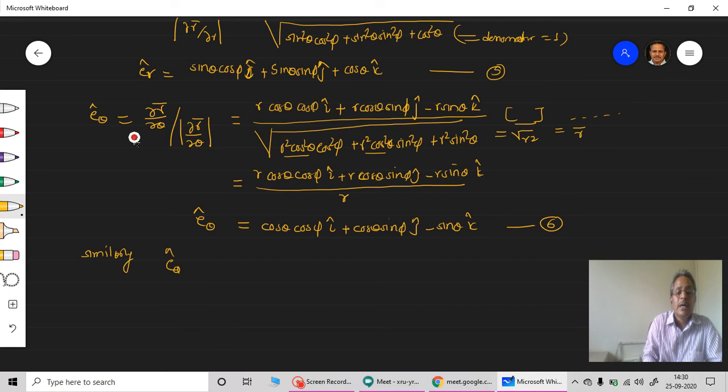Similarly, E phi cap is equal to delta r bar upon delta phi divided by its modulus, delta r bar upon delta phi.